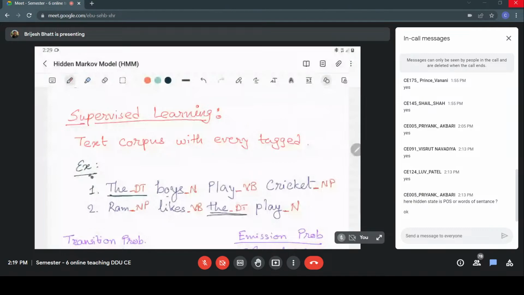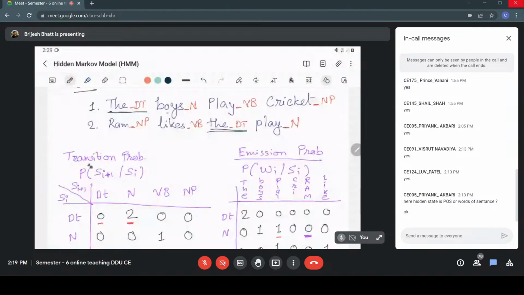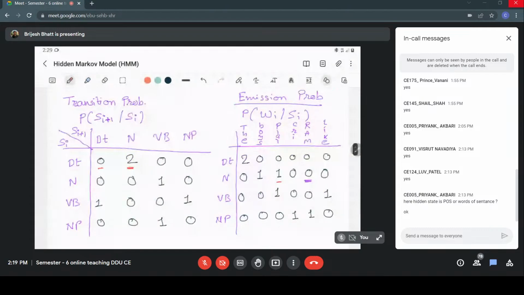If such a tagged corpus is given to us, then we can create tables to calculate this transition and emission probability. Number this list of states. Let's say Si is the list of states which covers all the parts of speech like DT, N, VB, NP. Look at the corpus and calculate this number. How many times have you seen DT in the corpus? How many times have you seen noun in the corpus?